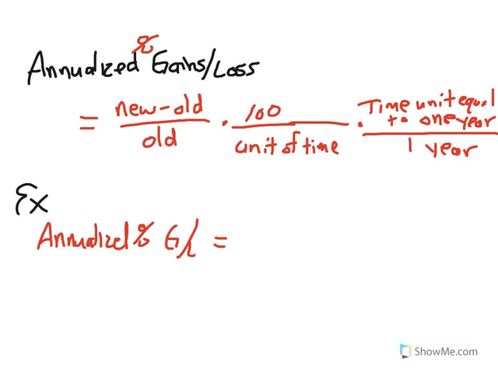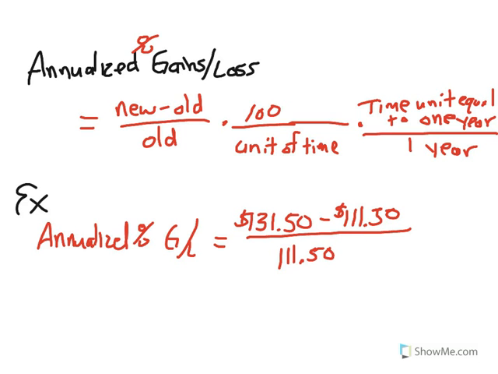So we take the new amount, $131.50, minus the old stock price, which is $111.50. Divide that by the old amount, which is $111.50. Then you multiply that by 100 divided by the unit of time.